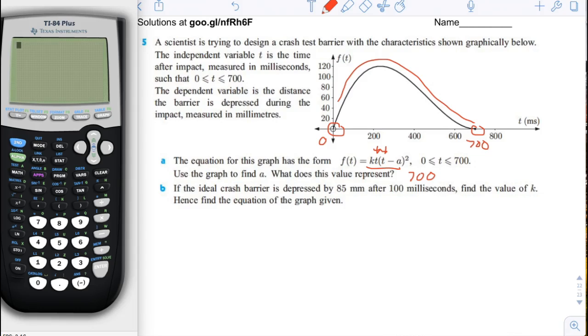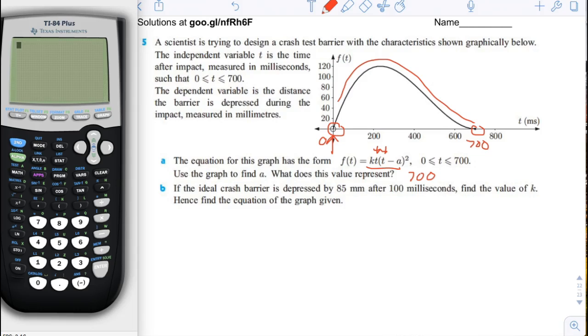700 should be the number of milliseconds after the impact, right? And the barrier is no longer what they call depressed, or I think they mean smashed. So how much is the barrier smashed? Well, at time equals 0, it's smashed 0 because the impact is about to happen.